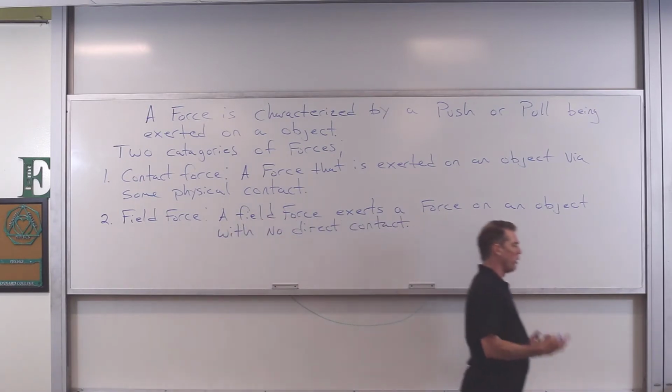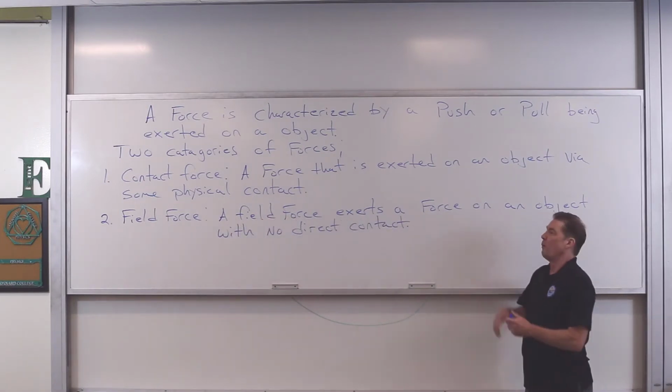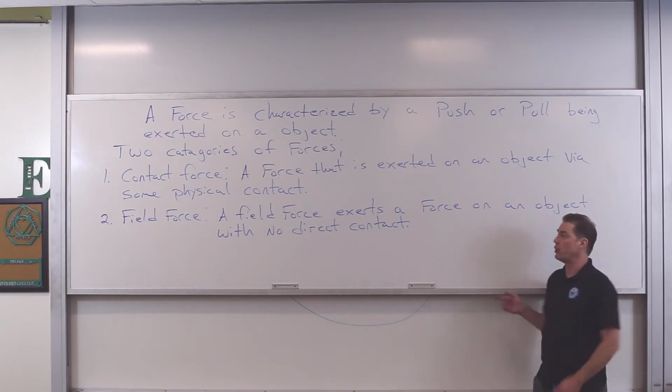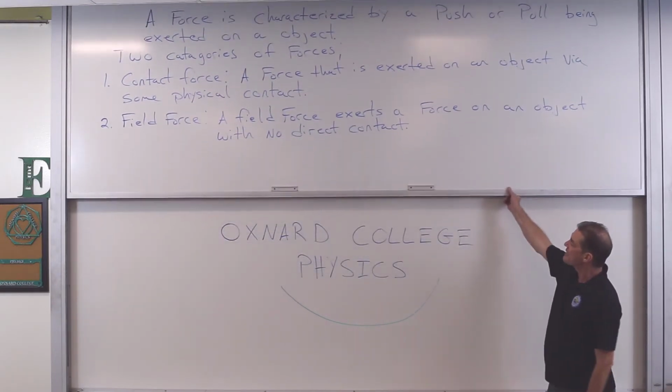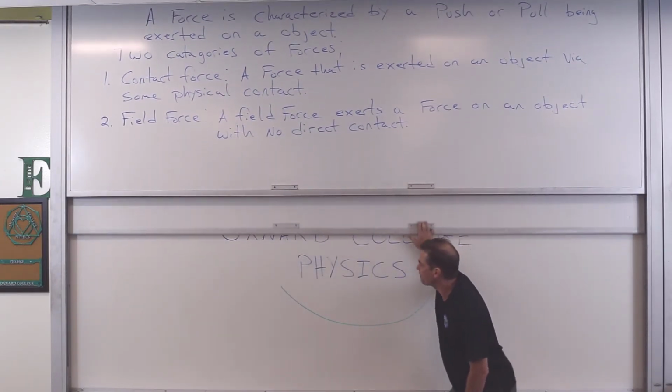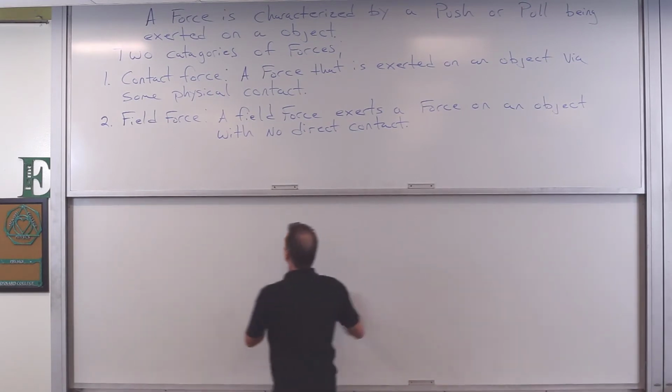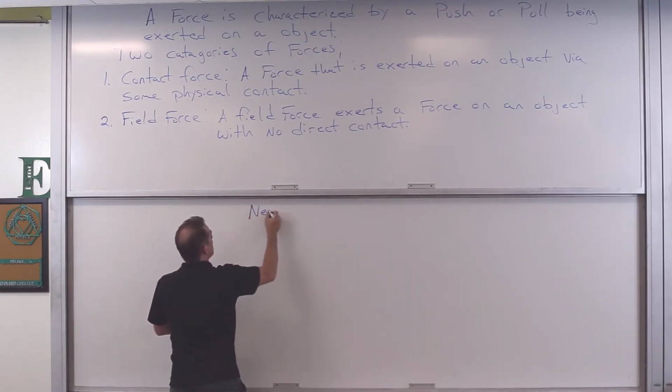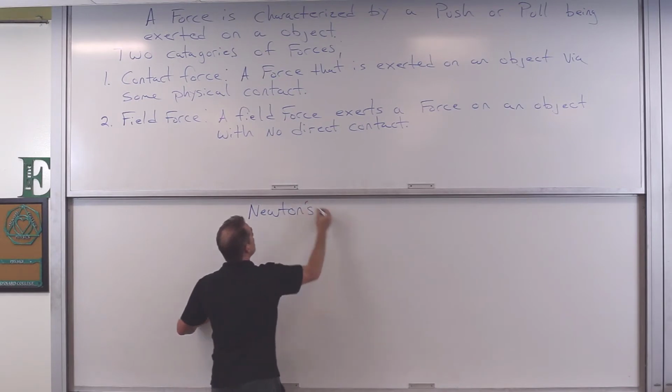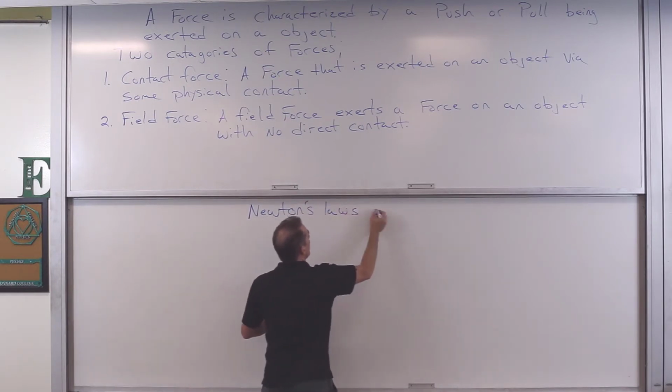What we really want to know, though, is what does a force do? What are Newton's laws of motion that have to do with force? So let us take a look at that. Newton's laws of motion.